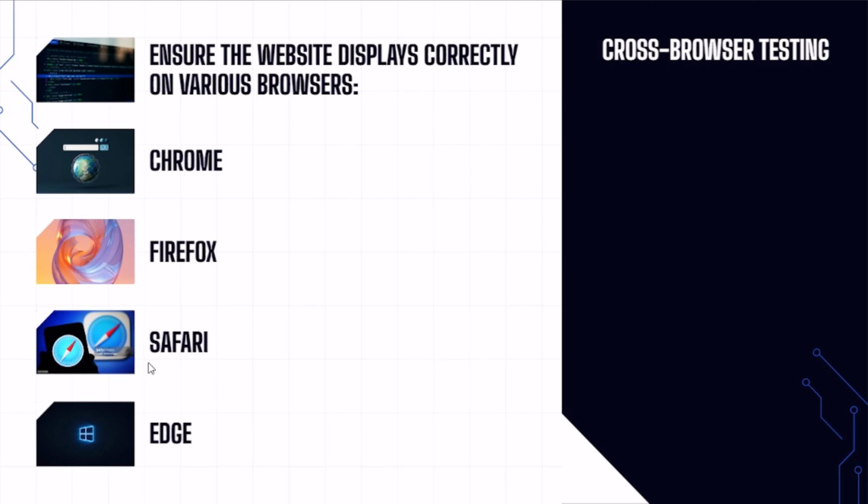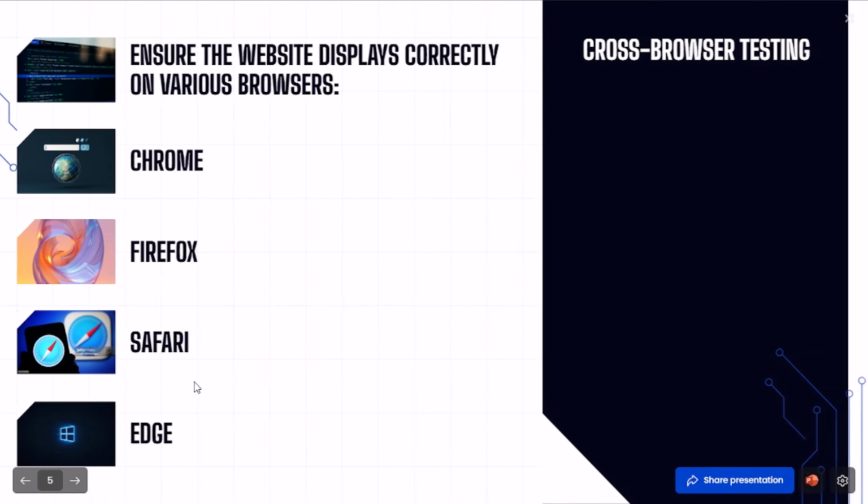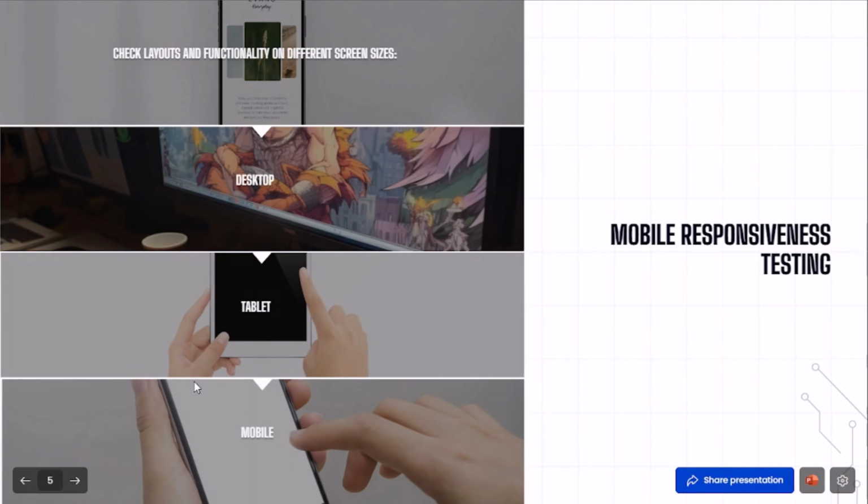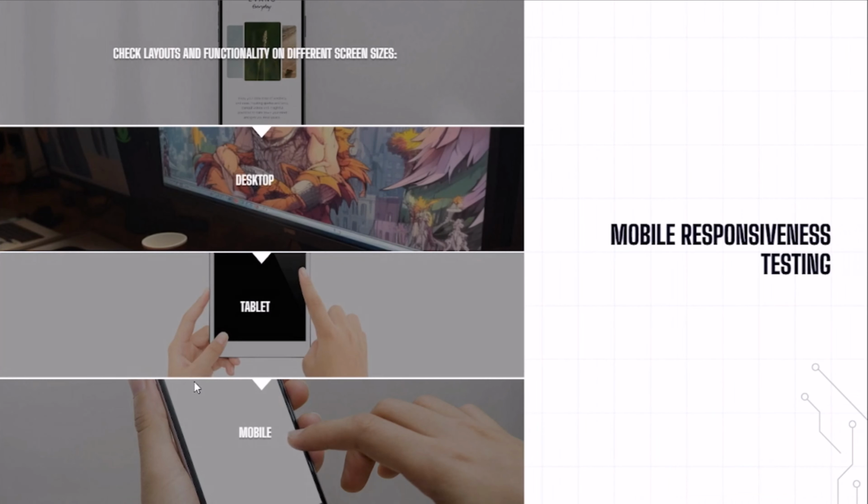That is, if your website is working perfectly for someone using Chrome, then someone using Firefox or Safari or Edge should also be able to access your website. You can do this using different tools online to check if your website is actually working fine for cross-browser testing.